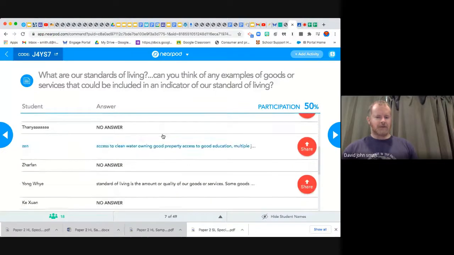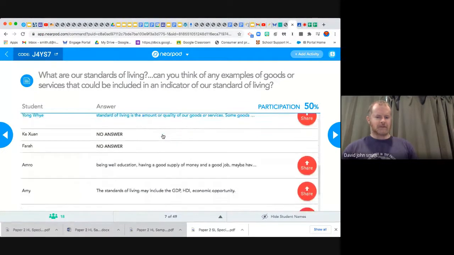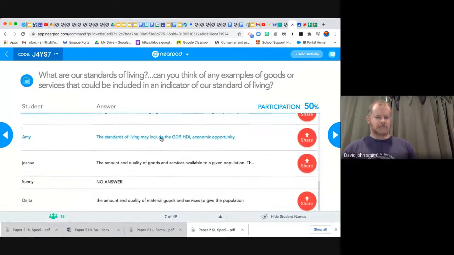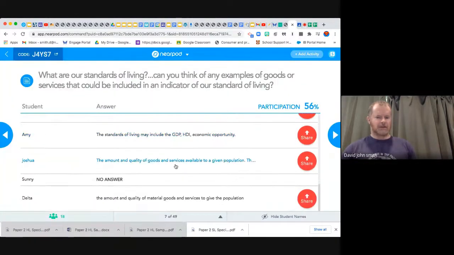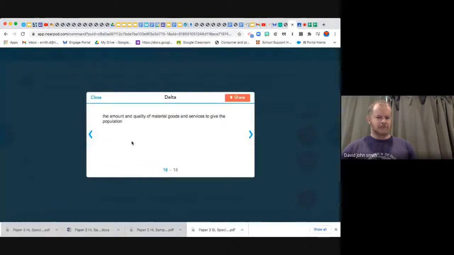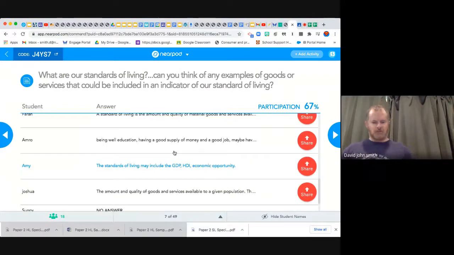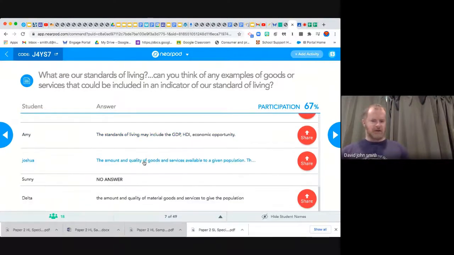Still thinking about goods and services. Yes, good, but we're wanting actual physical goods and services. What examples? Real goods and services. What can you think of?